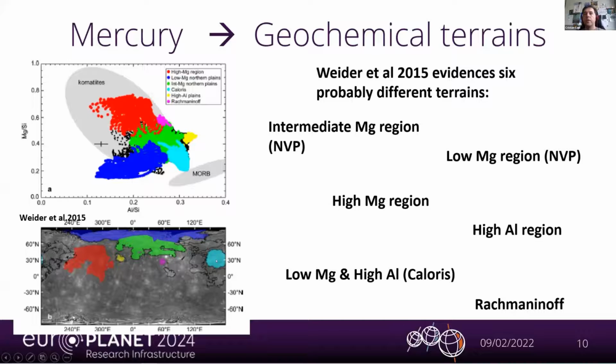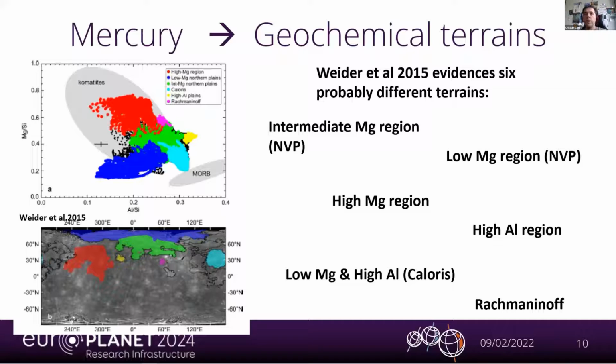Then we have already seen that Caloris basin looks different to the rest, with in particular relatively low magnesium and high aluminum variation, and even some small regions like Rachmaninoff can be differentiated for some elemental variation. This was, we can say, strong evidence that there is heterogeneity on the surface.